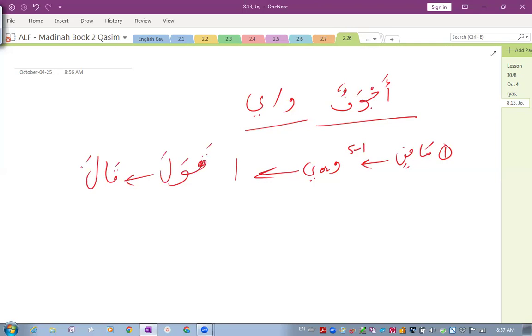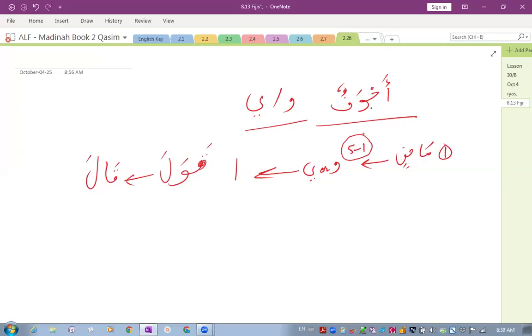What is the name of that 1 to 5? They are sakin pronouns, and from number 6, starting from hunna, you have the mutaharrik pronouns, all the way to 14.